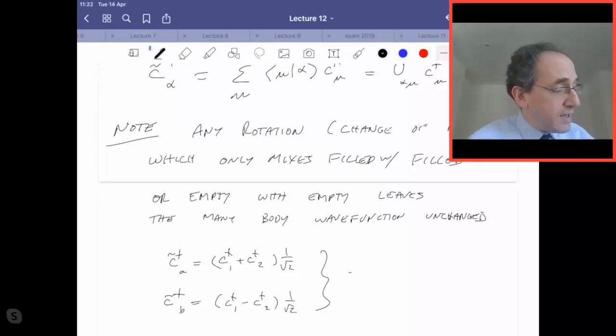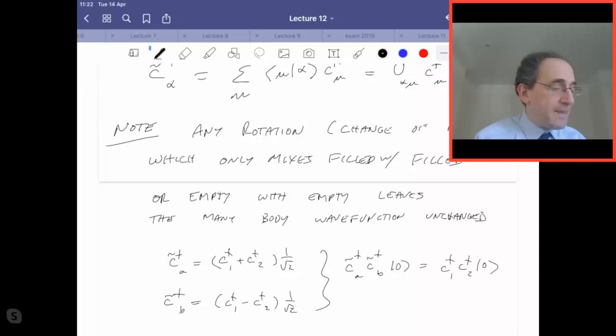You can check that the wave function that you create with C twiddle dagger A and C twiddle dagger B on 0 is the same as C dagger 1, C dagger 2 on 0. It may be up to a constant, but we normalize the wave functions anyway, so it doesn't matter.